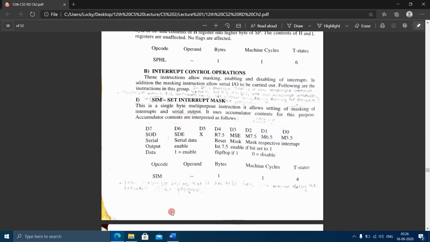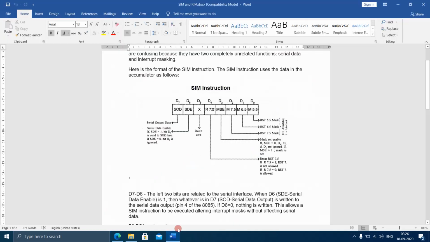The SIM instruction does not have any operands. When you execute it, the contents of the accumulator are predefined.